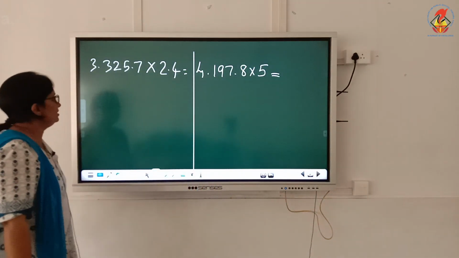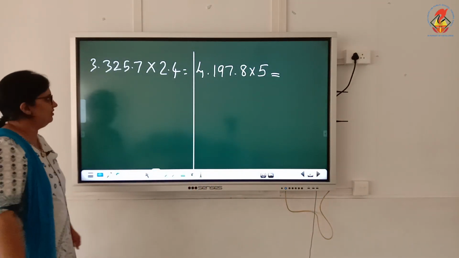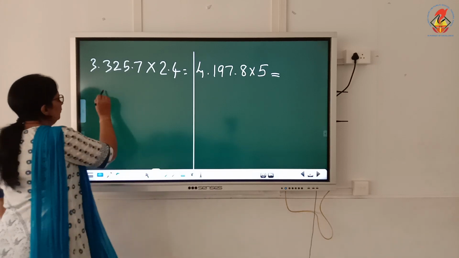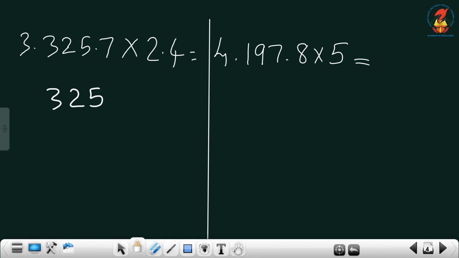And the next one is 325.7 into 2.4. How? 3257 into 24 only. Here also we have 1 decimal point. Okay.